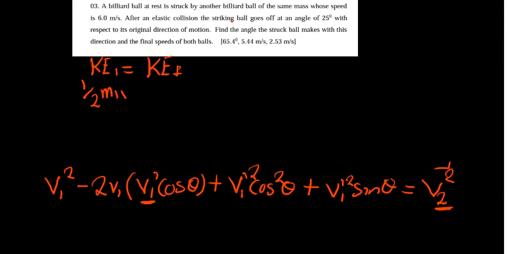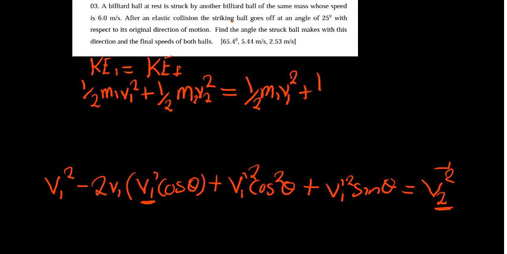half m1 v1 squared plus half m2 v2 squared must equal half m1 v1 final squared plus half m2 v2 squared. Since the masses are the same, we can cancel out the masses.